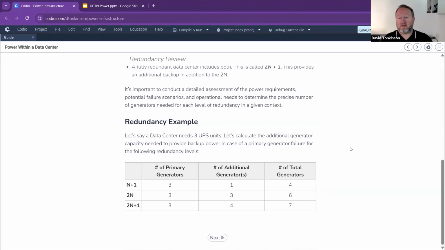These are a couple of examples of redundancy. So n+1, if I need 3 diesel generators, is 1 additional, total of 4. Does that make sense?